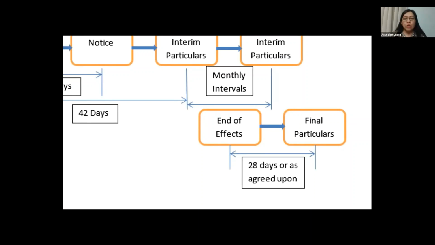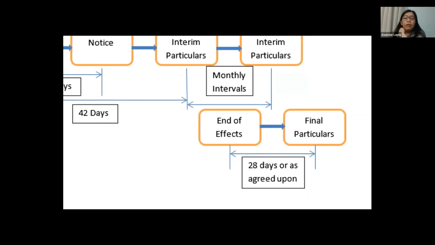If it is not a continuous event, the contractor must submit the final particulars within 42 days. However, if it is a continuous event, the contractor may submit the interim particulars at monthly intervals, and then at the end of the effect, he has 28 days to submit the final particulars.